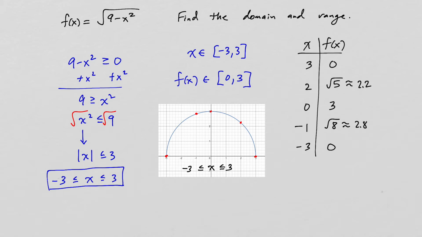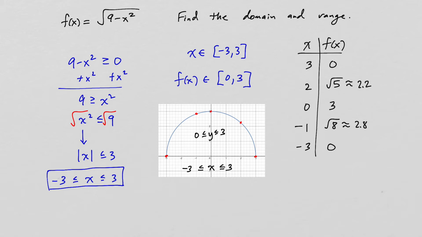And then for your range, you're looking at the same thing, but you're looking at the y values. This graph covers the values on the y-axis between 0 and positive 3. And so the range is all the y values in between 0 and 3. So when you have a graph of your function, it's much easier to identify your domain and your range.